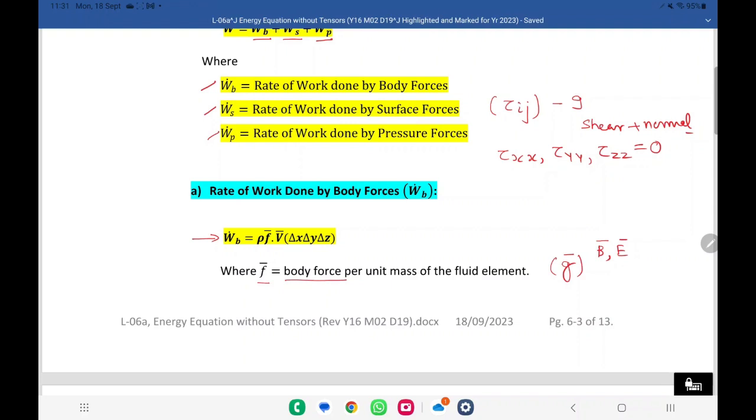All of them can be there. So you multiply force with velocity, that is the work done, and because F is the body force per unit mass, you multiply with rho and delta V.